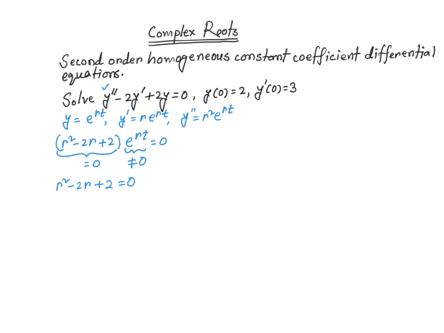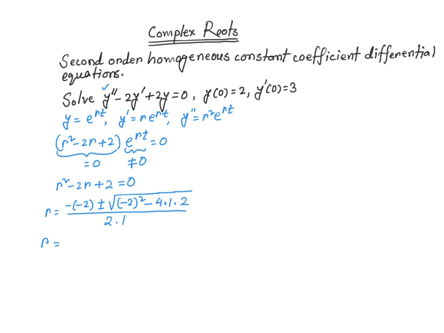We can use the quadratic formula to solve this equation. So r equals negative b, meaning negative times negative 2, plus or minus the square root of b squared, negative 2 whole squared, minus 4 times a, which is 1, the coefficient of r squared, times c, the constant term 2, all of it divided by 2 times a, which is 2 times the coefficient of r squared, 1.